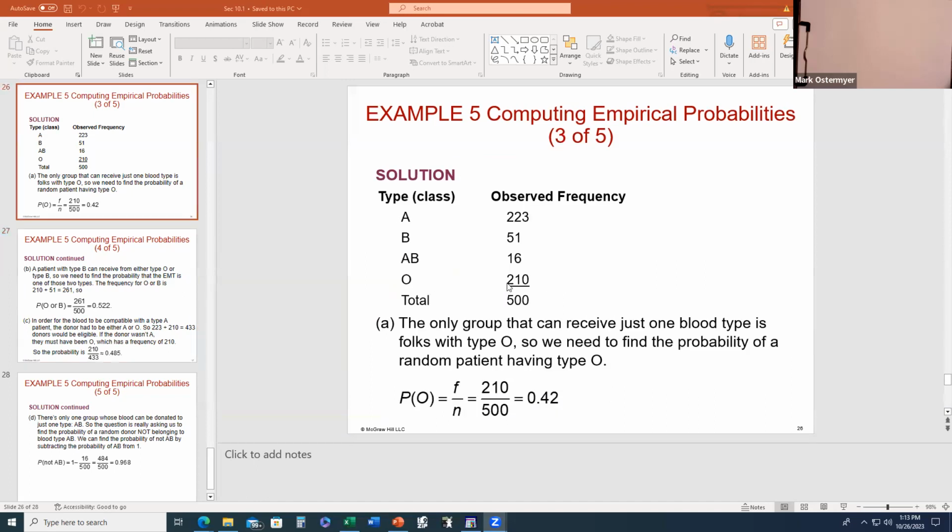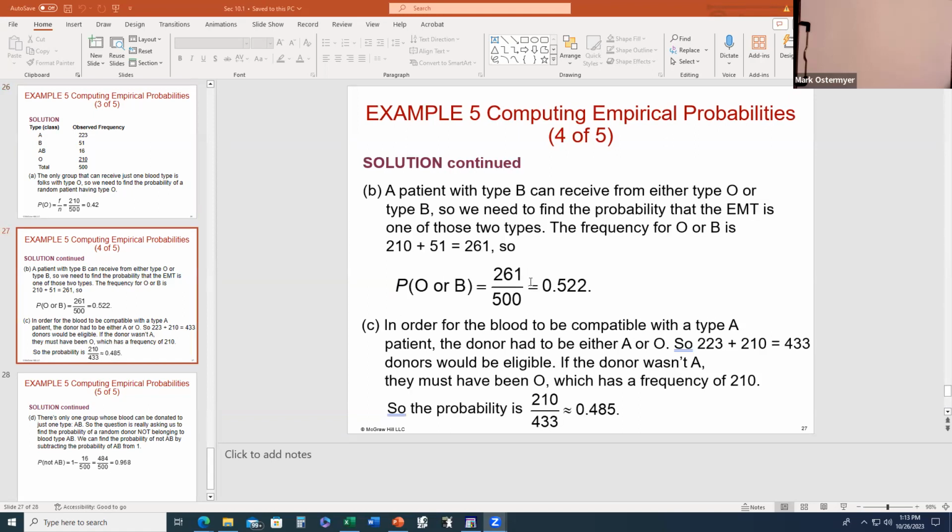There's 210 ways of selecting somebody with O blood and 223 ways of selecting somebody with A blood. Add those together, 223 plus 210 gives you 433 different ways of having the donor be eligible.